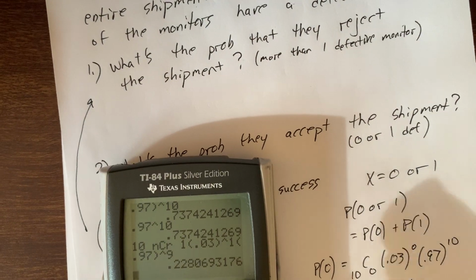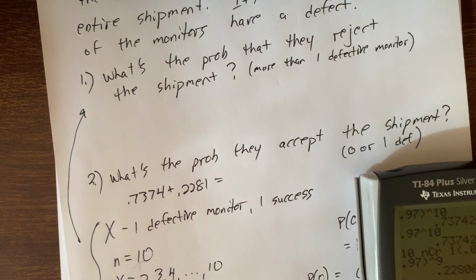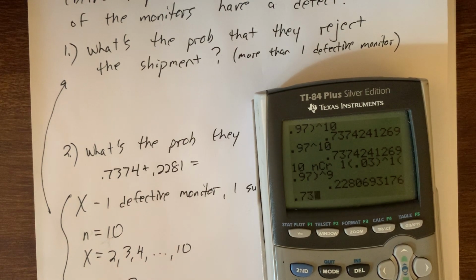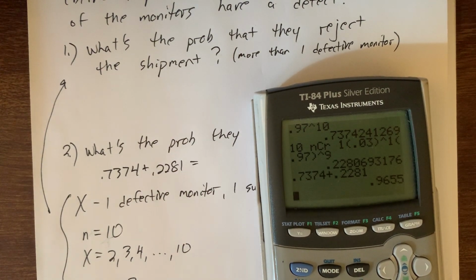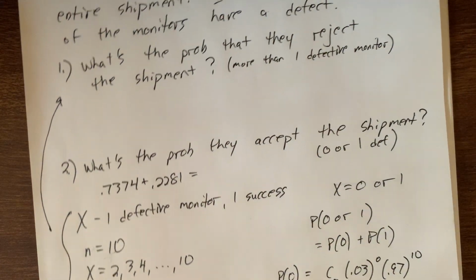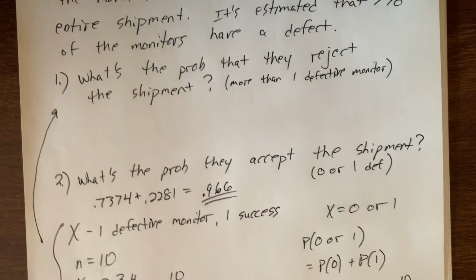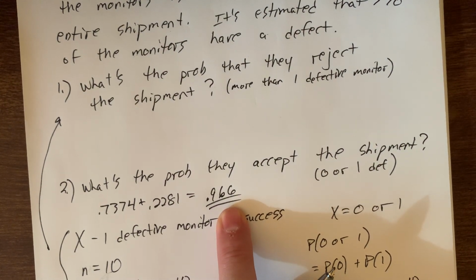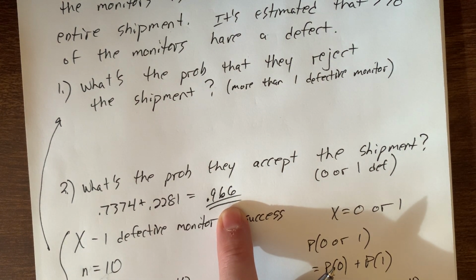And now, there's no problem keeping the 4th decimal place, but if you wanted to go down and round to 3 decimal places, this is where we should do most of our rounding, at the very end. So I'll go to 3 decimal places, 0.966. That is a probability very close to 1. So it is a very, very strong possibility that they will accept the shipment.